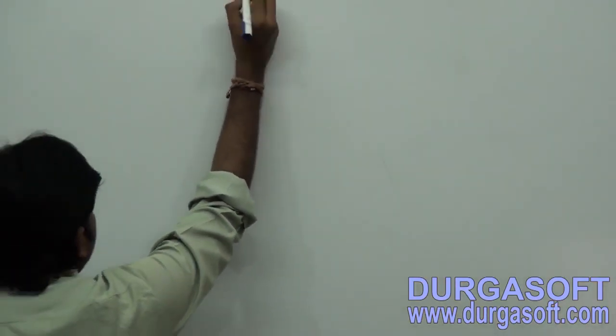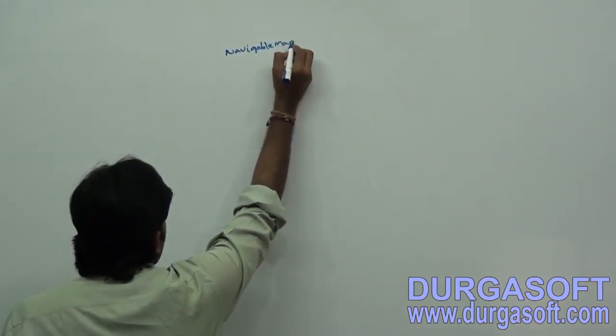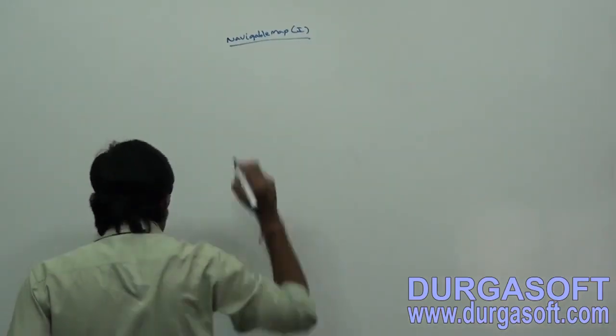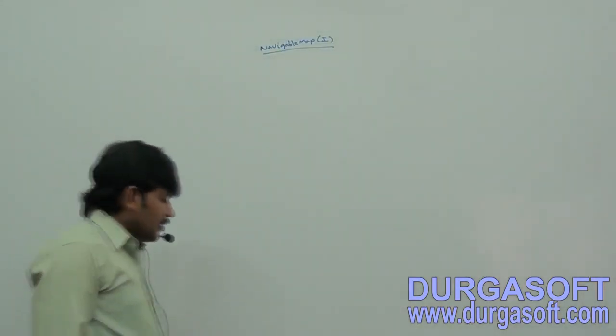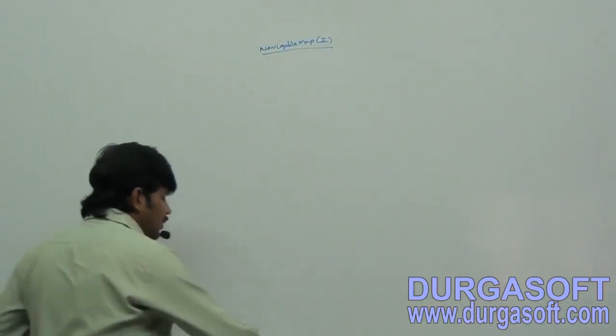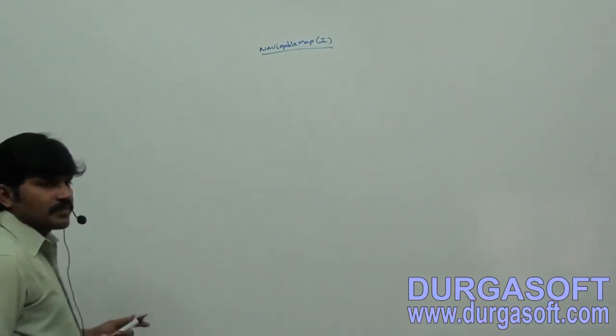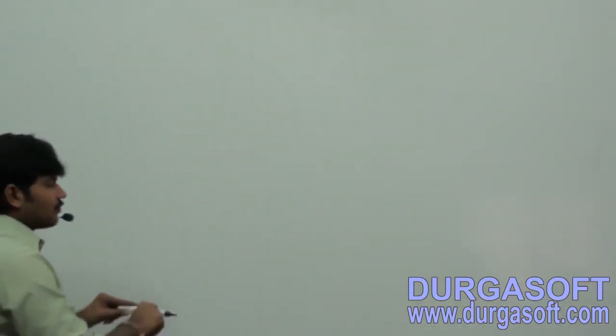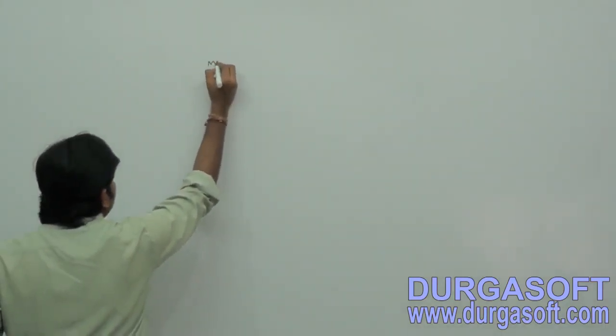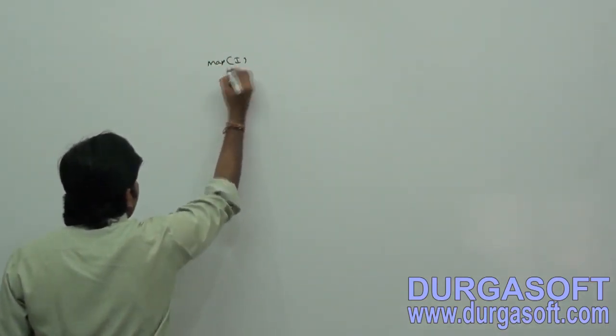Next one. Keep subheading: Navigable map, second part. Sir, can you tell, navigable map is the child interface of? Navigable map is the child interface of sorted map. Here is the same terminology. Here see, we have map.